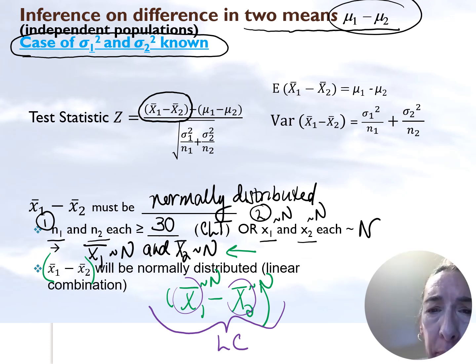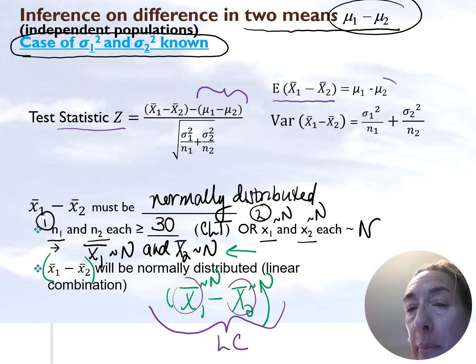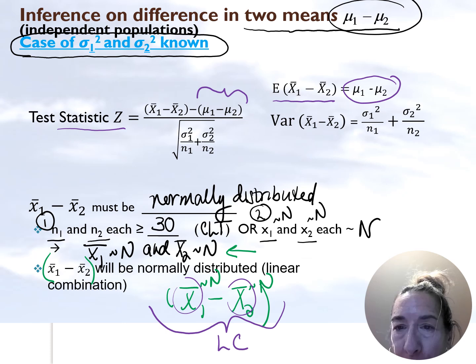Okay, let's go back up to the test statistic. How do we actually calculate the z test statistic when we're doing inference on the difference in two means? Well, we subtract off from x1 bar less x2 bar its expected value. We'll recall from earlier that the expected value of the difference in the two means is simply mu1 less mu2.